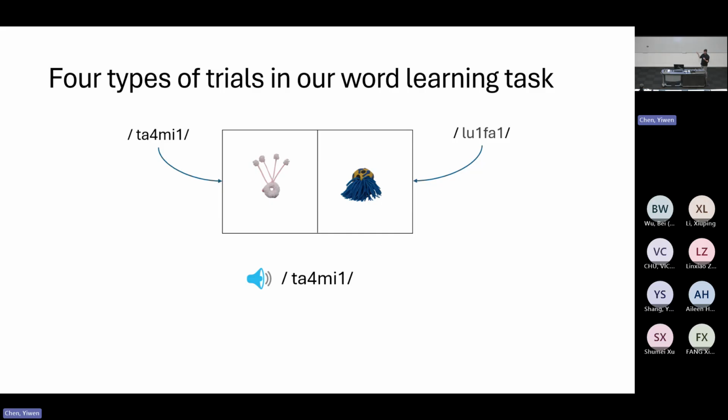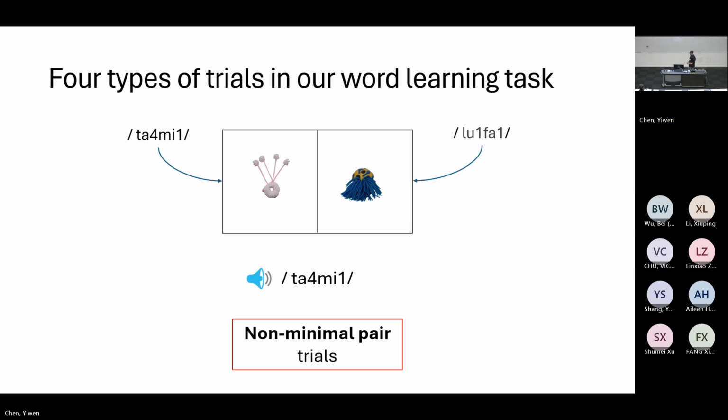So we call that the target. This one is associated with Rufa. That's what we call the foil. So the correct decision here, if you hear Tami, you have to press this one, okay? Because the words associated with these objects do not form a minimal pair, we call these non-minimal pair trials. But you always just hear one word. So these are the one type of trial.